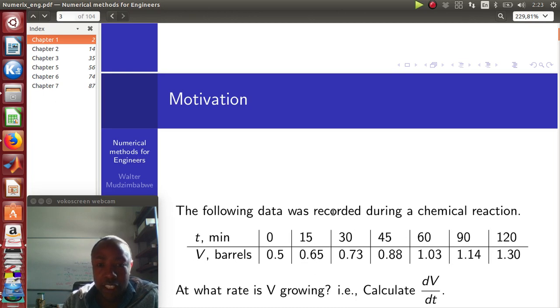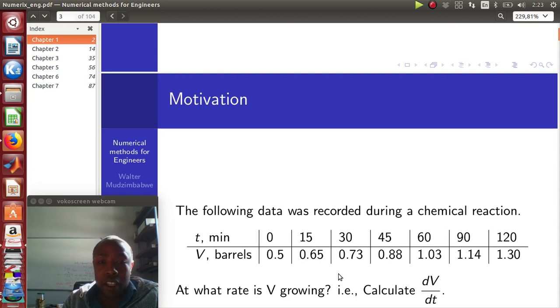You have data, and you want to say something about how the reaction is going on, for example. That could be to calculate the rate at which the volume is growing. In terms of mathematics, that would be dV/dt, which is the derivative of V with respect to t.